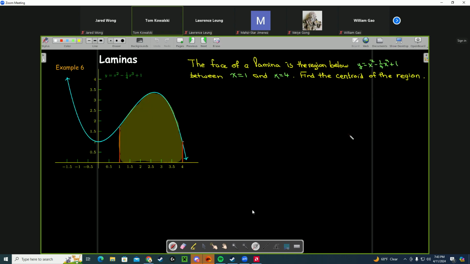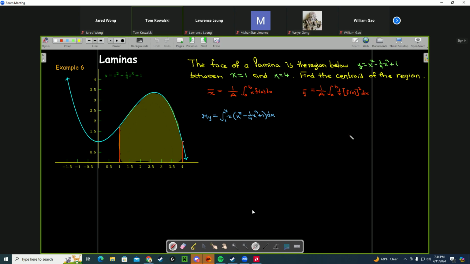So let's go back to what we started with here, this cubic polynomial. And let's work out the centroid for this one. Now I don't have any symmetry, so I have to calculate both the moment about the y-axis and the moment about the x-axis.